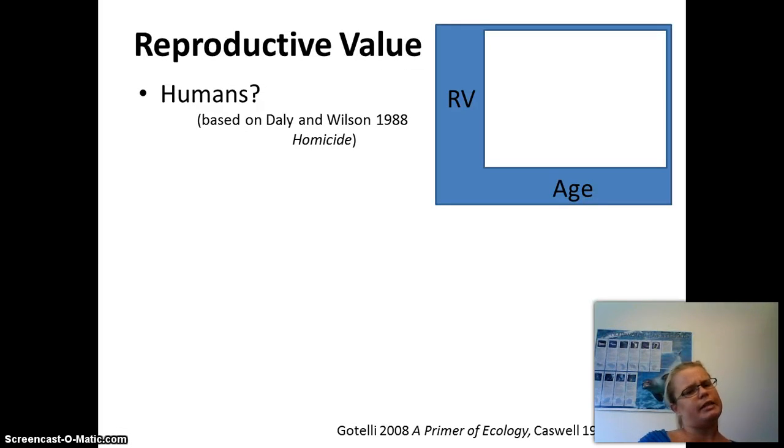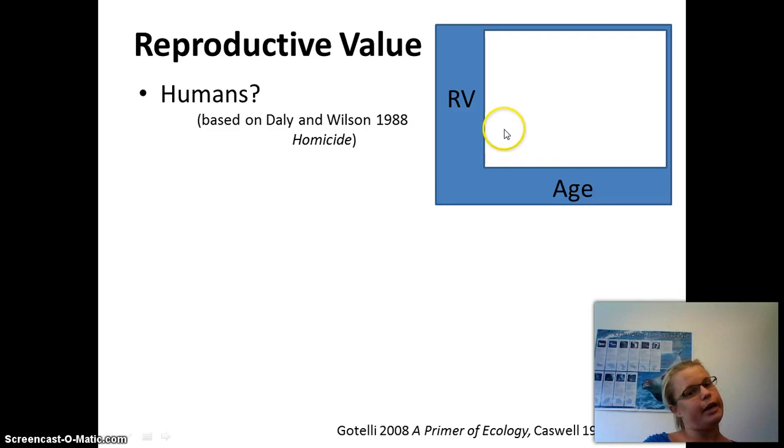So what would this reproductive value chart look like for humans? Well, if you think about it, let's start with women. Women, the reproductive value increases, and let's think about in a third world country where women are not likely to survive to maturity.